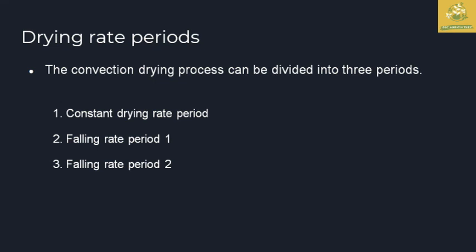After attaining a particular point of drying, it falls into falling rate period 1, where there is no drying for a particular amount of time. After that, it reduces some more moisture, goes into falling rate period 2, and it goes as a straight line. These are the major drying rate periods in convection drying.